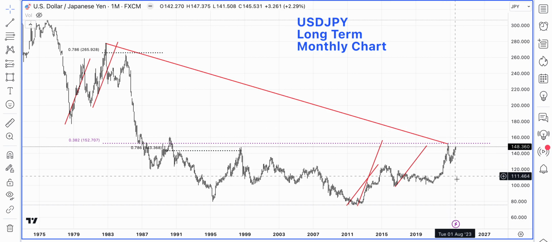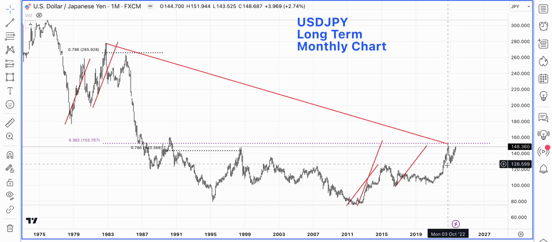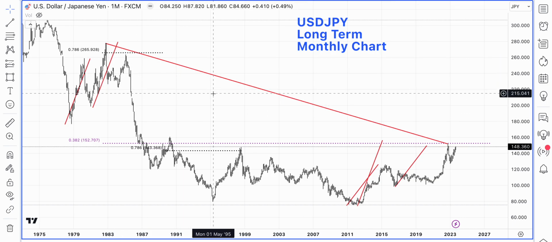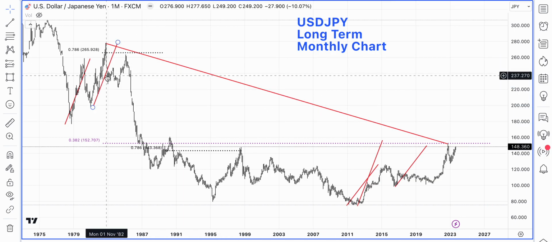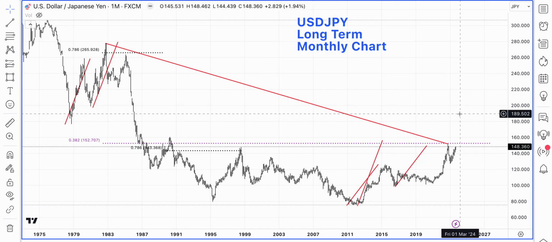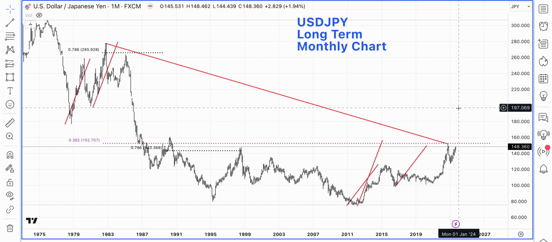So it all depends upon how the market is going to react to this 38.2% Fibonacci retracement, whether this high is a recovery high, or whether in fact it convincingly takes this 38.2% Fibonacci retracement out to the upside, which would indicate that this pattern formation that we are looking at, this market symmetry, is actually invalid, and it would mean that the US dollar could actually strengthen a lot and the Japanese yen would weaken.